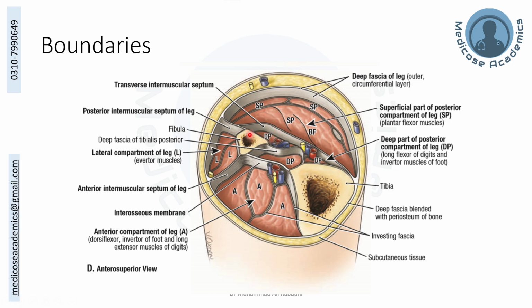So this is the posterior compartment basically, all the way from here. So this is the posterior compartment, whole of it, and it is bounded posteriorly by fascia lata, anteriorly by interosseous membrane, and here there is fibula and anterior intermuscular septum and there tibia.